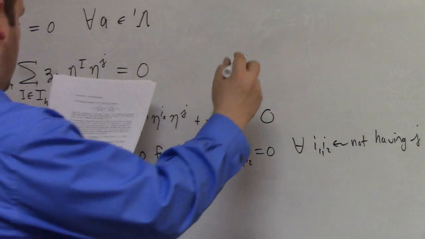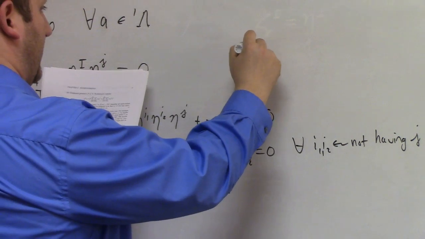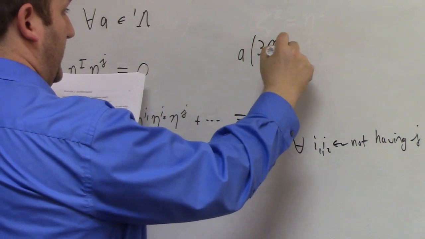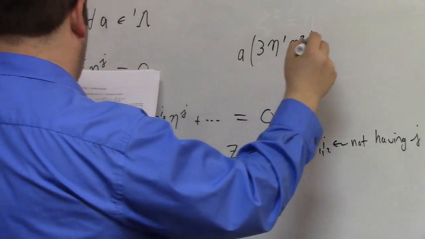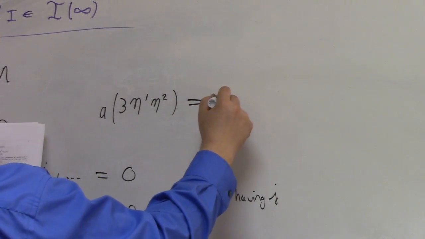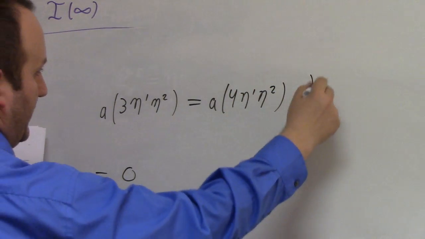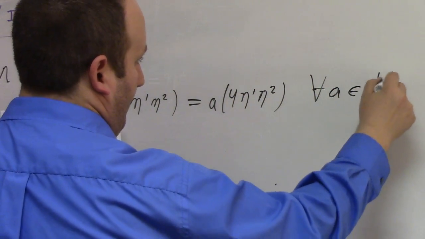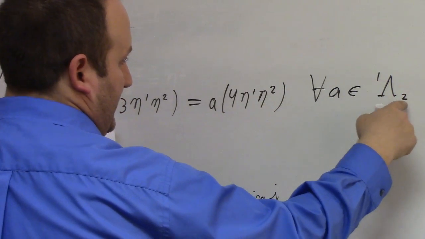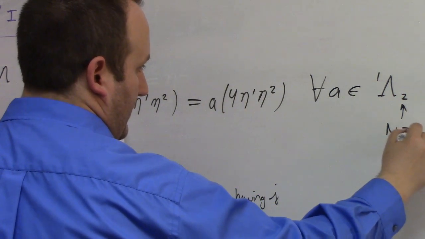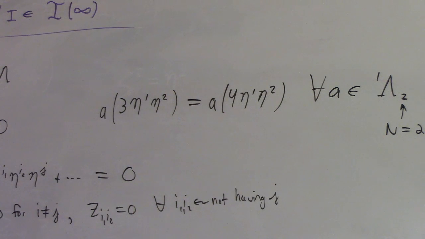If you had A times a3, a1, a2, that's the top form, then that would be equal to A times a4, a1, a2, for all A. Because it's automatically 0. You can't detect any information about the top form by multiplying by degree 1, by the generators themselves.